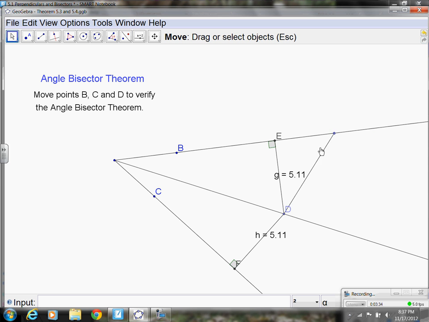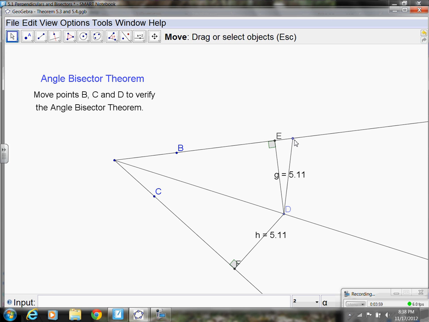Well, it has to have a right angle here. When you measure the distance between a line and a point, you measure that distance at a right angle. So this segment and this segment wouldn't have the same length. It only would have the same length if it is a right angle. That's important to pay attention to.